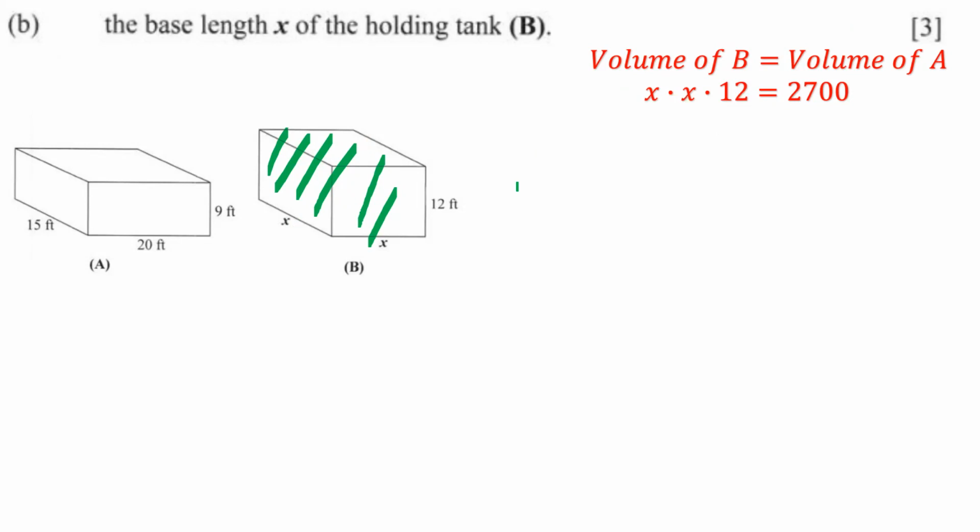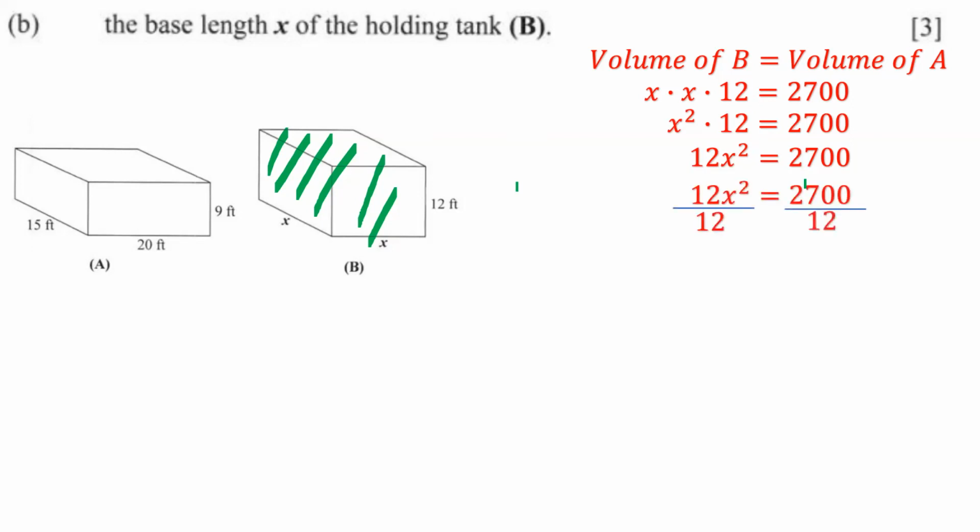Let's multiply. X times X is X squared, multiplied by 12, so we have 12X squared is equal to 2,700. We divide both sides by 12.